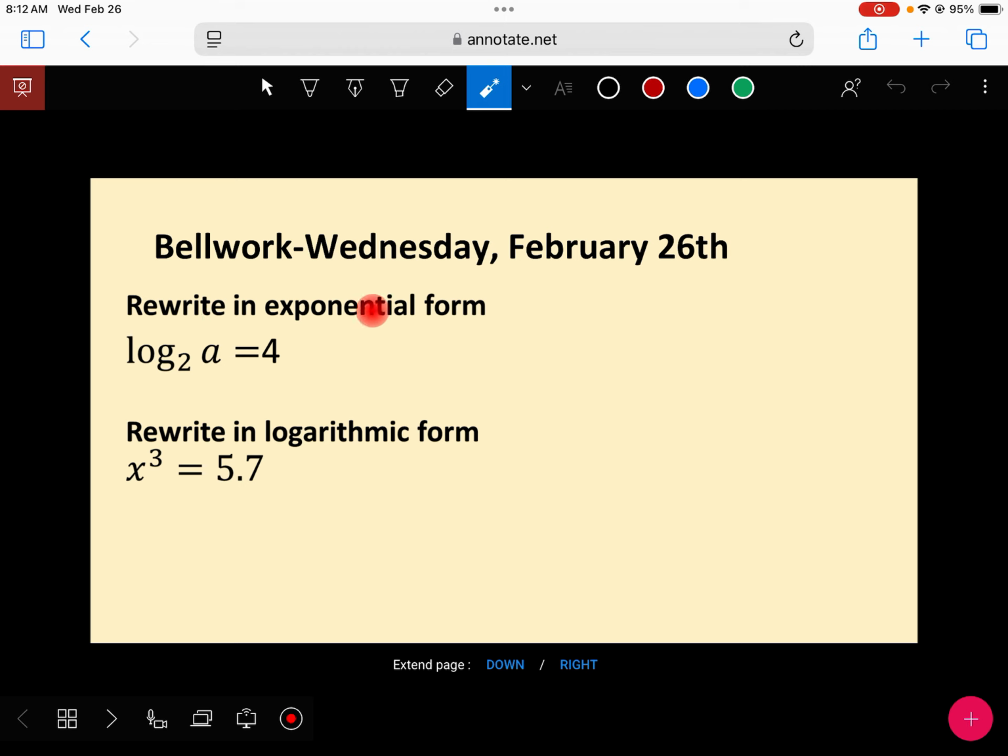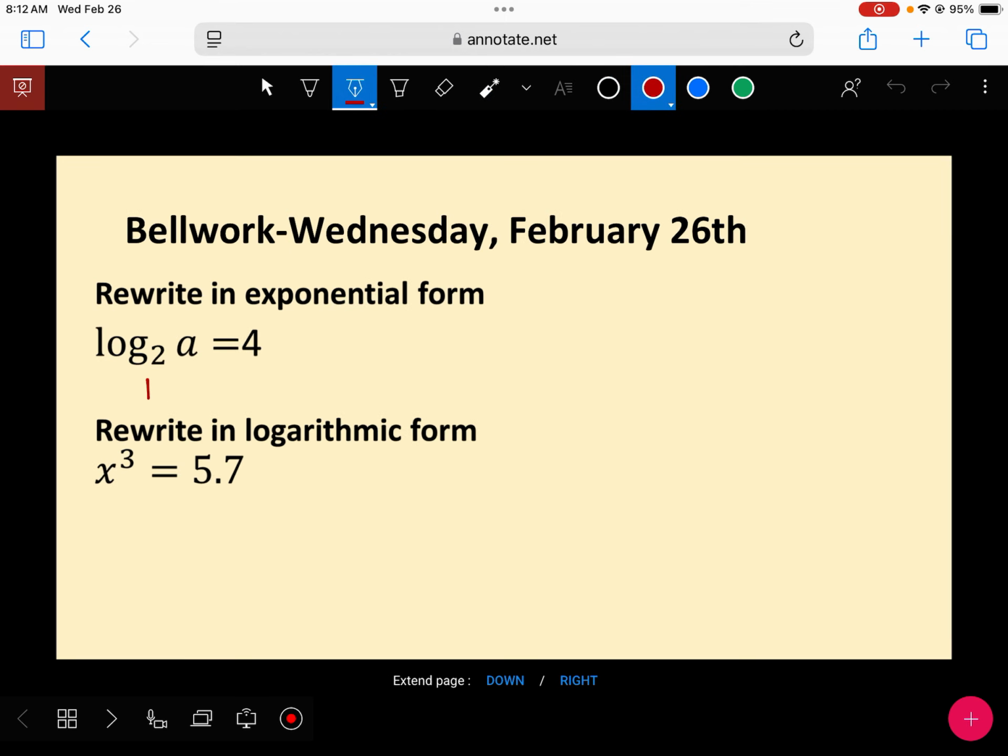So this is in log form, and we need to write this in exponential form. So remember, this is the base, the answer, and the exponent. So does anybody want to volunteer how you would write this in exponential form?